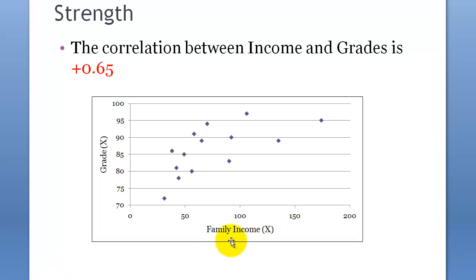The earlier example, the correlation between income and grade, is 0.65. I don't know how you got this number, but suppose that the correlation is 0.65. It's close to 1, kind of. It's more than half. So, how do you interpret that? That's what we're going to do in this class.